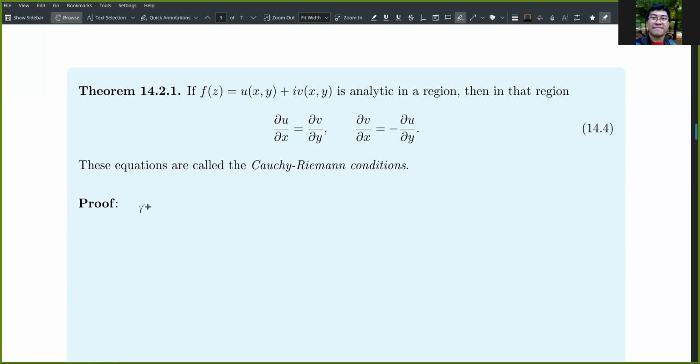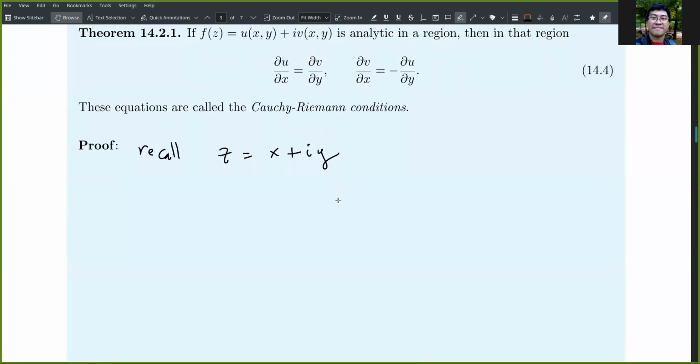So first thing, recall that z equals x plus iy.